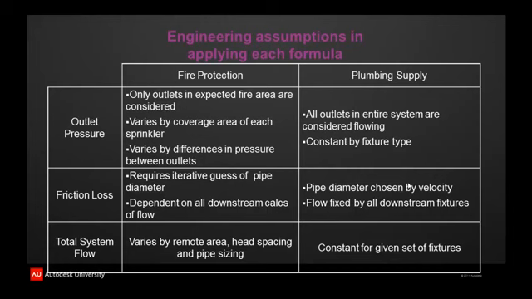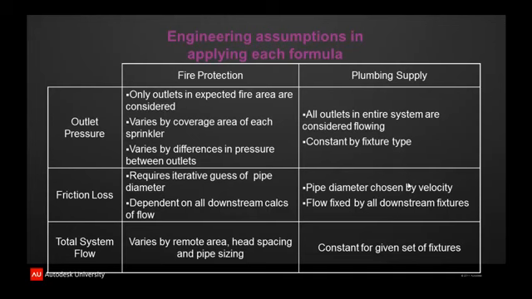For the friction loss, we're using the exact same formula in both approaches, fire protection and plumbing, but the flow through any given pipe in a system is dependent on the downstream flow in that system and varies by which area you're assuming is operating.